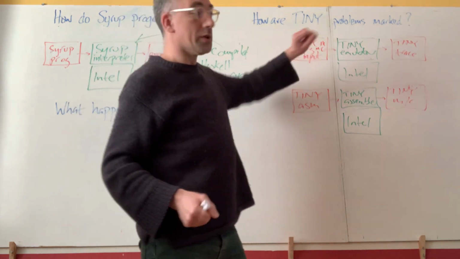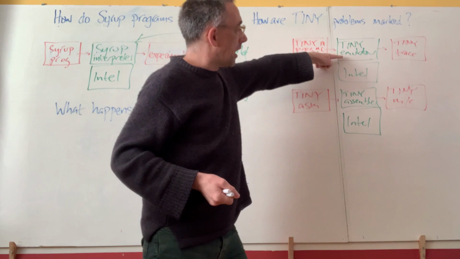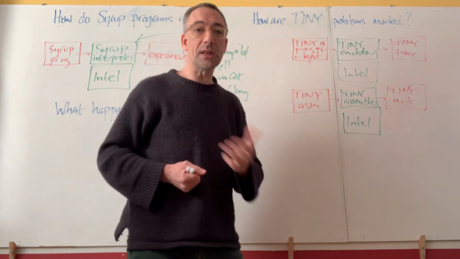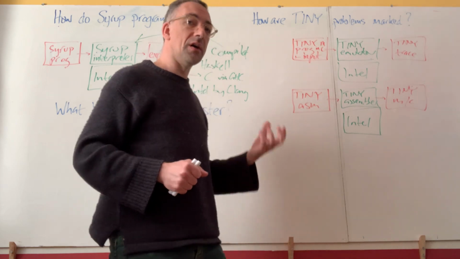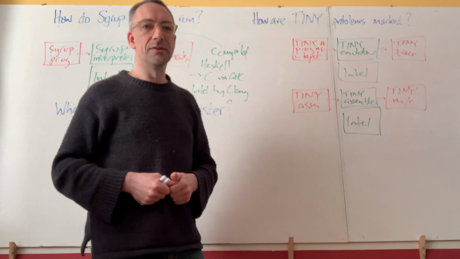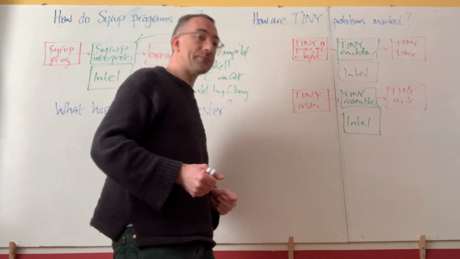So again, it will not surprise you to learn that I wrote the Tiny emulator and the Tiny assembler. They were both originally written in Haskell, but by the time they are run, they're in Intel machine code because they've been compiled by the Glasgow Haskell Compiler.